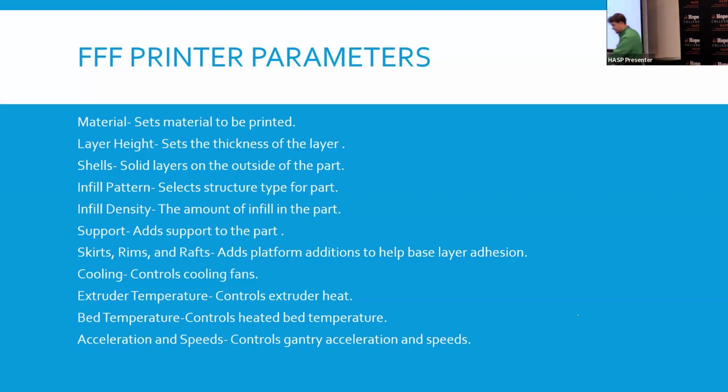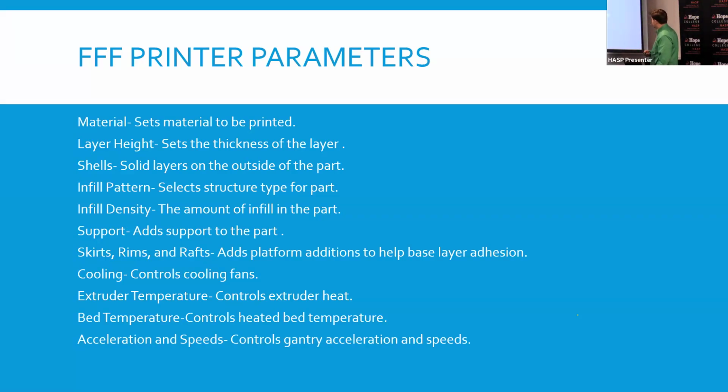Layer height is the next thing, and it's very big in triple F 3D printing. It's right here. This part right here, that layer, how tall it is, how much interference it has.